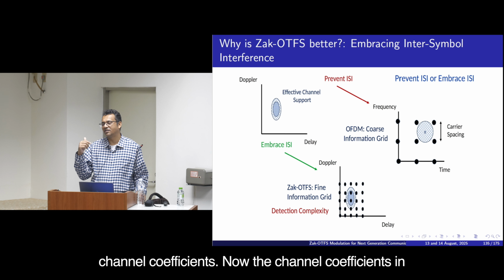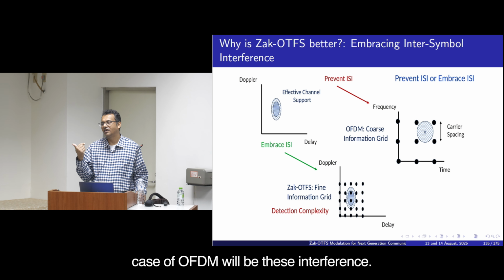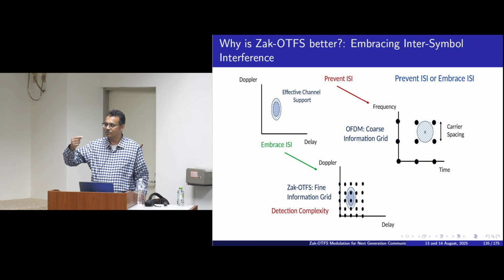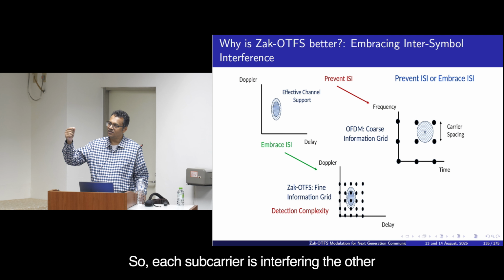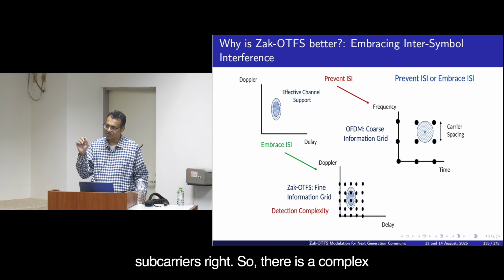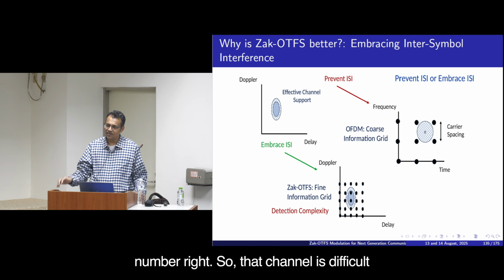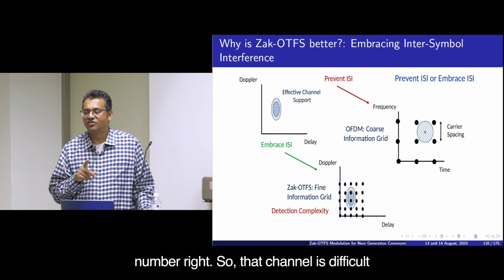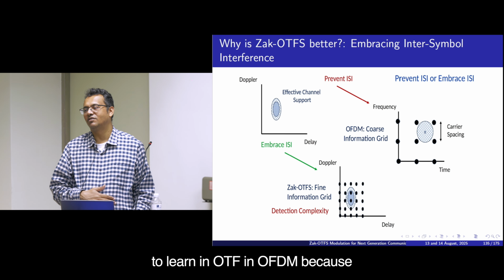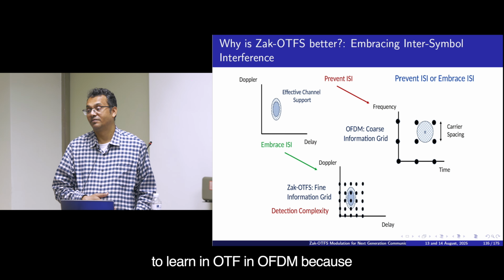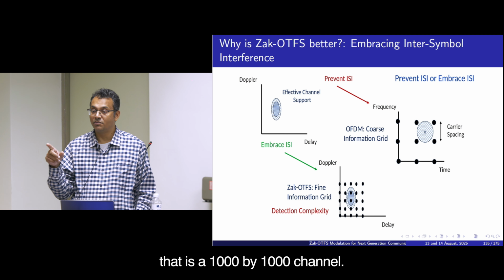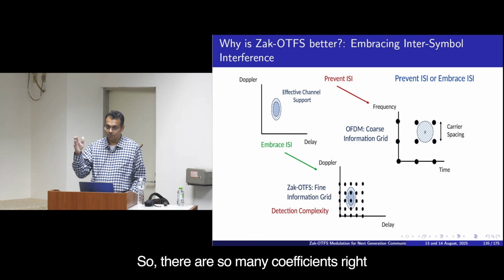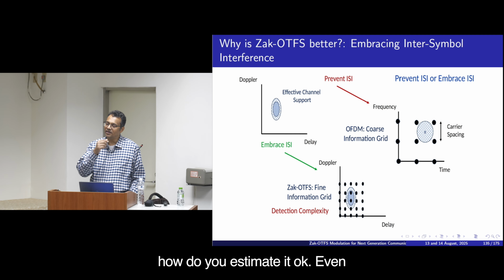Now the channel coefficients in case of OFDM will be these interferences. So each subcarrier is interfering with the other subcarriers, so there is a complex number for each. So that channel is difficult to learn in OFDM, because that's a 1000 by 1000 channel. There are so many coefficients, right? How do you estimate it?